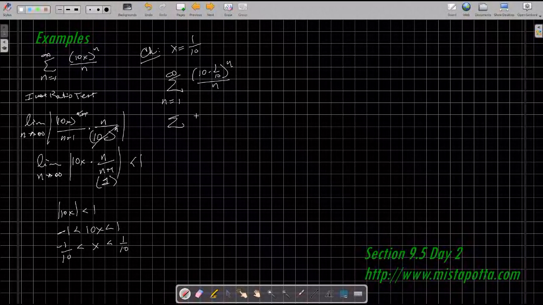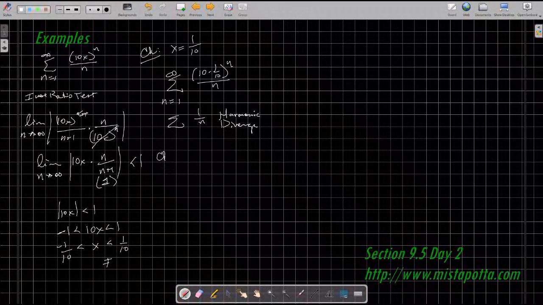And this is really 1 over n. So because this is harmonic, we have to diverge here. And so we do not have equality at this 1/10 endpoint.